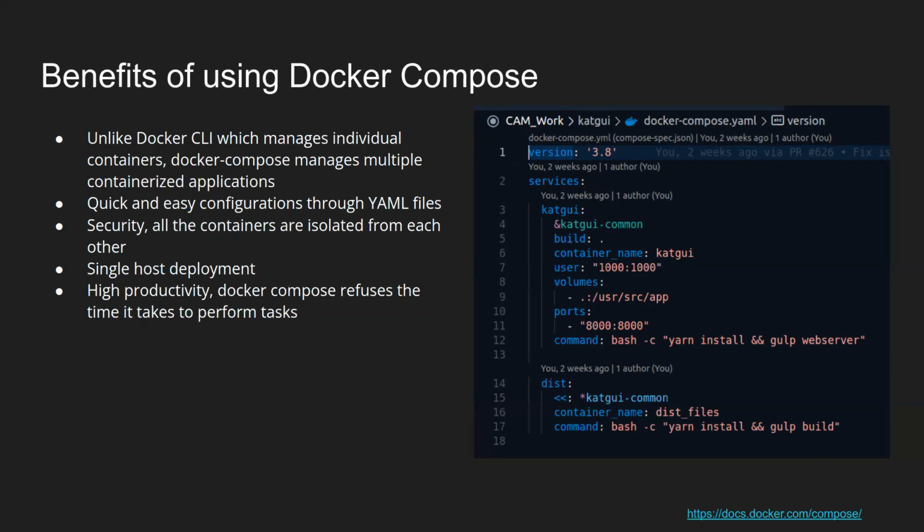As you can see on the left, we have defined our services. And in our services, we've got two services, a KATGUI service and a dist service. In KATGUI, we have this alias, which is KATGUI common. So this simply tells us that whatever we are doing in this KATGUI service, we also want to replicate some of it in our dist service.